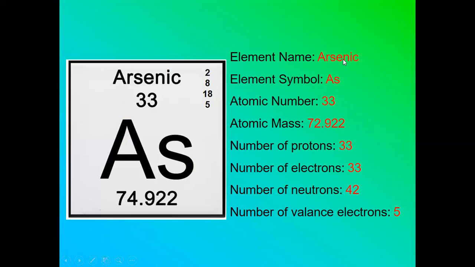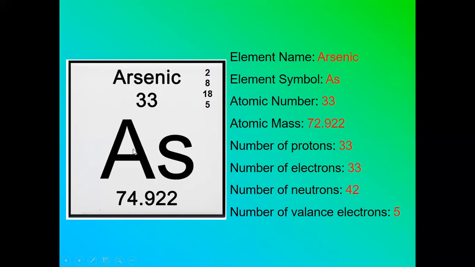Again, the element's name is arsenic. It's As. The atomic number is 33. The atomic mass is 74.922. There are 33 protons, same as the atomic number, and 33 electrons, because again, this is from the periodic table, so those two are equal. Then we get to the number of neutrons.